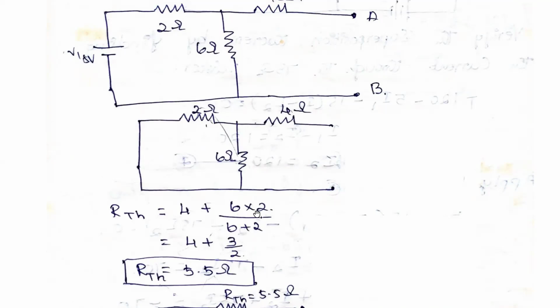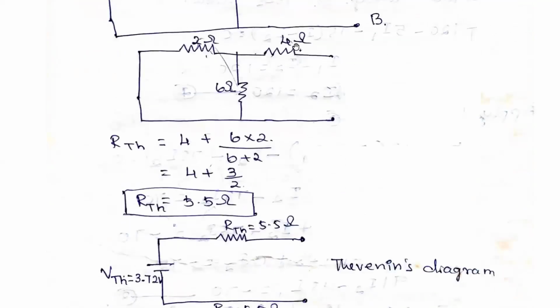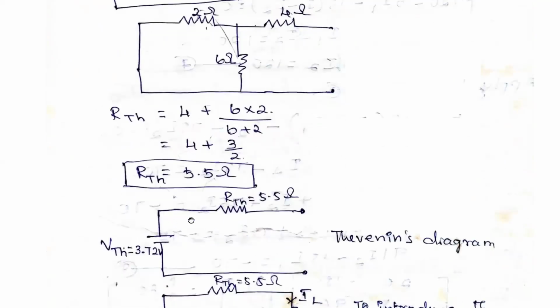Or if you take 4 ohms parallel with 6 ohms, and again 2 ohms in series, that also gives the same answer. The equivalent resistance comes to 5.5 ohms. So now we found out the R Thevenin, that is 5.5 ohms.